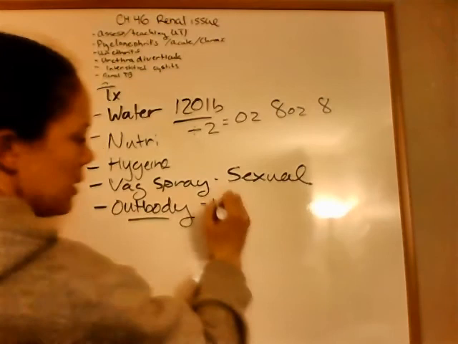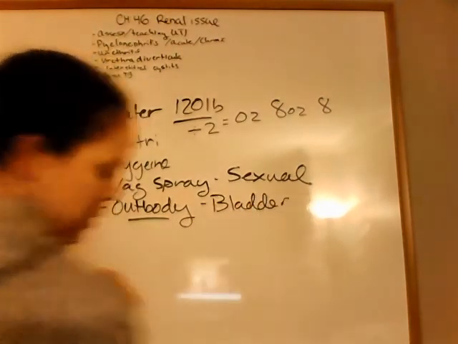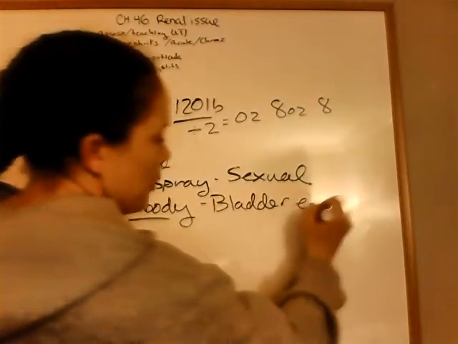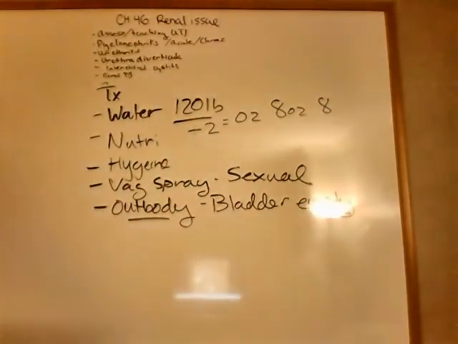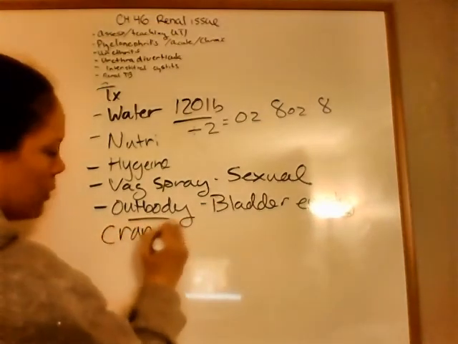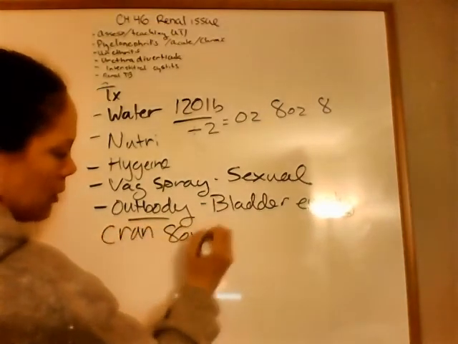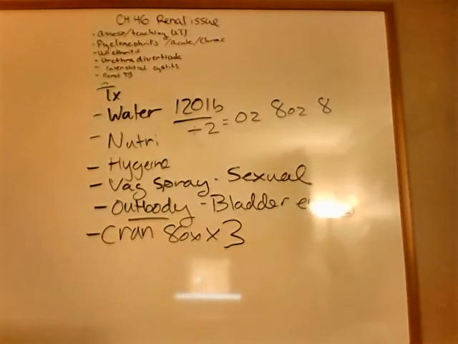And bladder emptying, that's important. So empty the bladder all the way, so that we don't have urine sitting in there. And cranberry juice is the other one. You can use cranberry juice, 8 ounces 3 times a day, or the pills, that'll work as well.